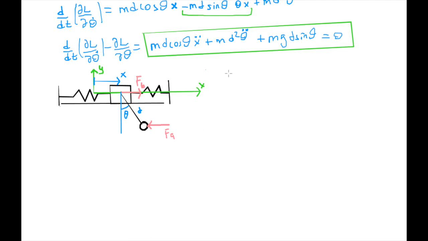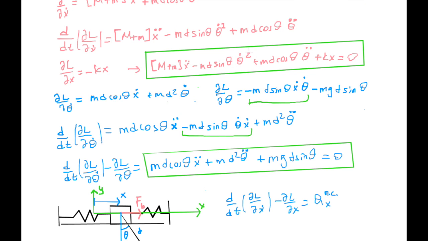So for instance, I will have d by dt partial L partial x dot minus partial L partial x should be Qx non-conservative. And the left hand side is exactly the same as before, but the right hand side is going to change. It is the non-conservative generalized force for the generalized coordinate x.